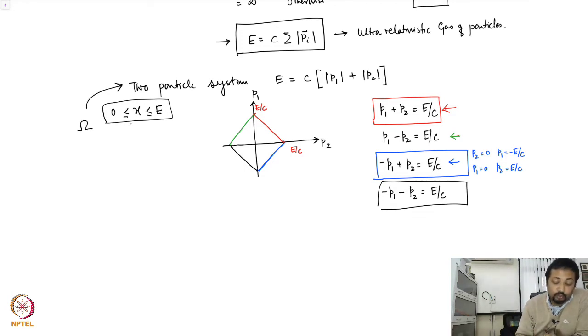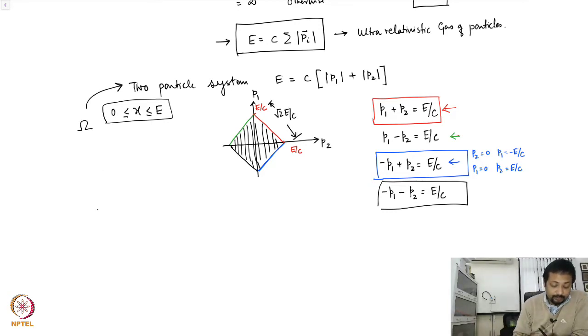We want to know the total number of microstates when the energy of the system lies between 0 and E, which is essentially the area contained in this. And that area I know because this length is a square of side length square root 2 E over c.